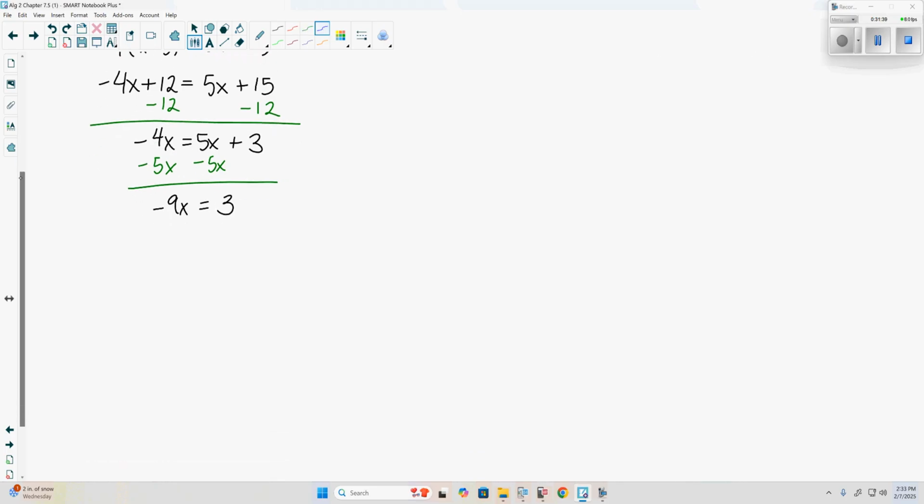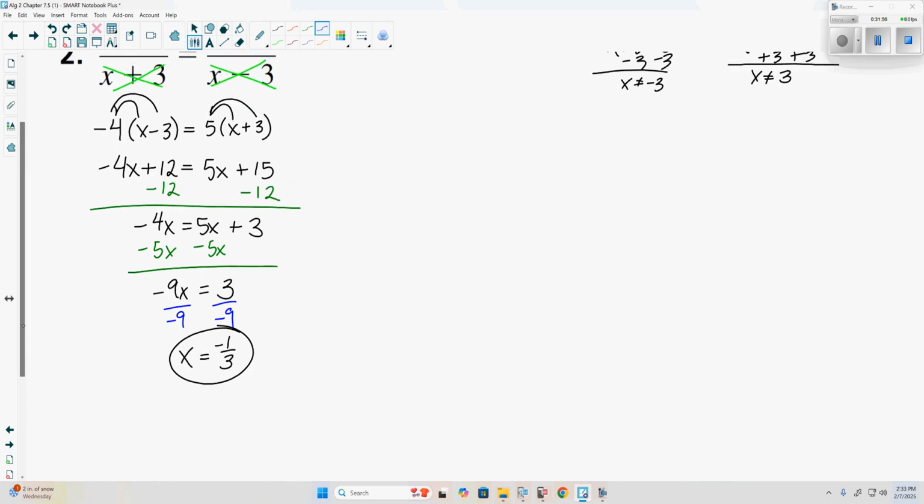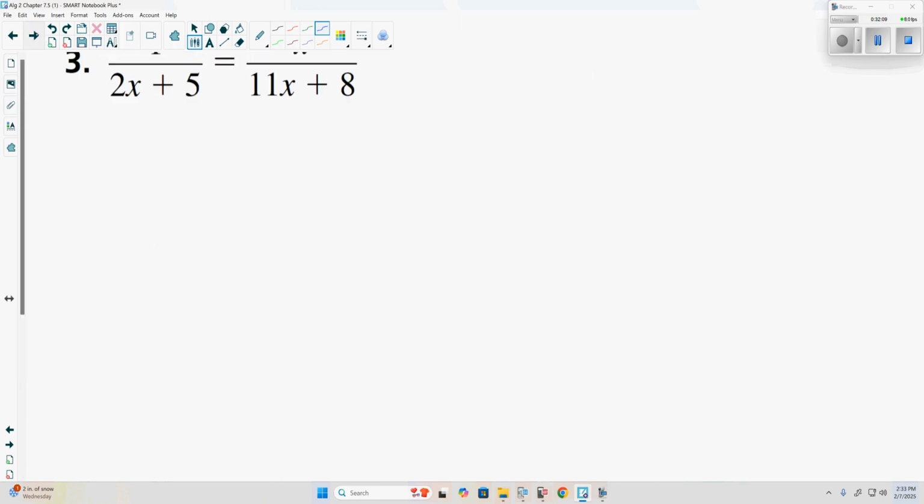And lastly, we would divide both sides by negative 9, which will tell us that x is equal to negative 1/3. Which is not one of our restrictions, so that is our solution. Questions on this here? Let's do one more, then we'll save the rest for Monday.